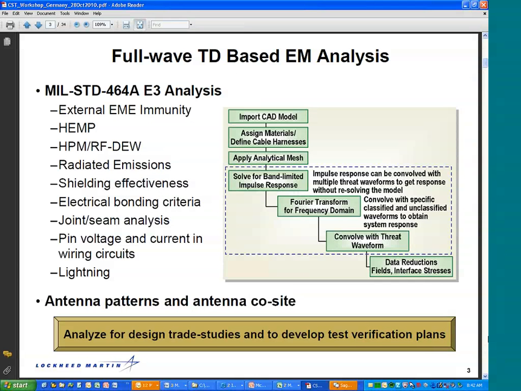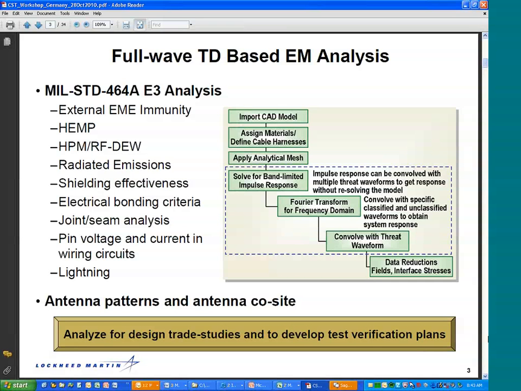With an overall analysis process that is supported by the CST tools, you're able to use the multi-team geometry, CAD modeling inputs into your simulations and assign materials and have a representation of the geometry and the materials in your model. You can apply your analytical mesh, which is very important because if something is not meshed properly, it is invisible to the model.